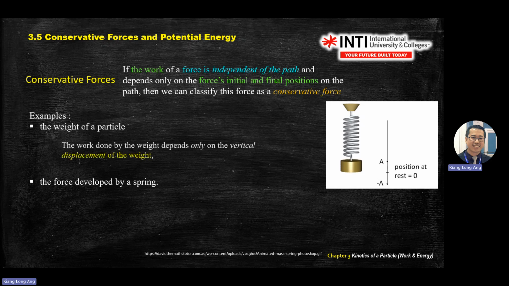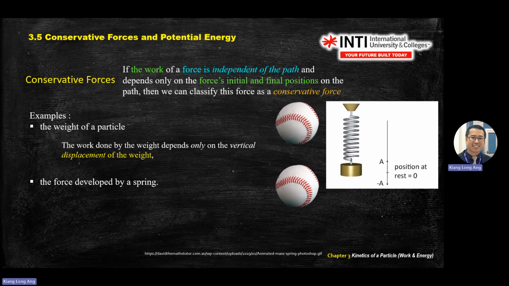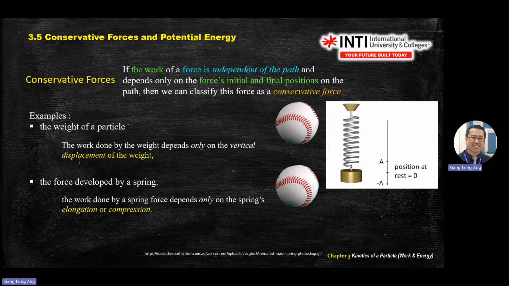Conservation of force means that there's no loss of energy, no loss of forces. So the work done by the weight is the vertical difference, and the same goes for the spring and so on. So this one is conservation of force.